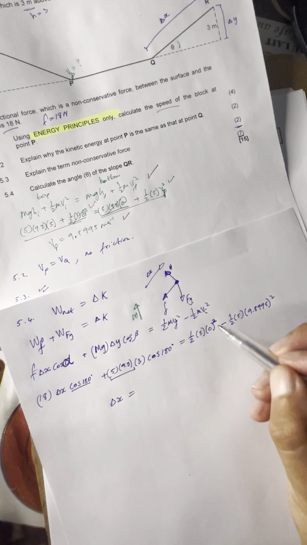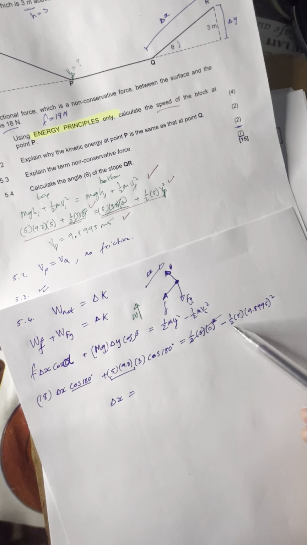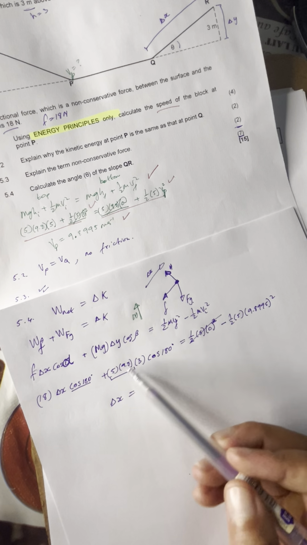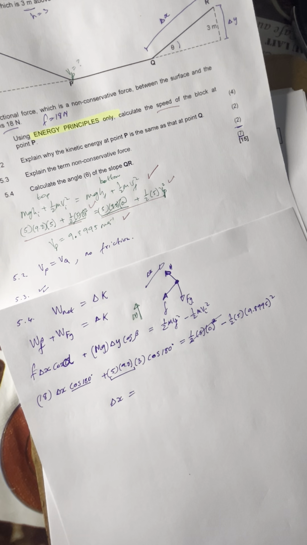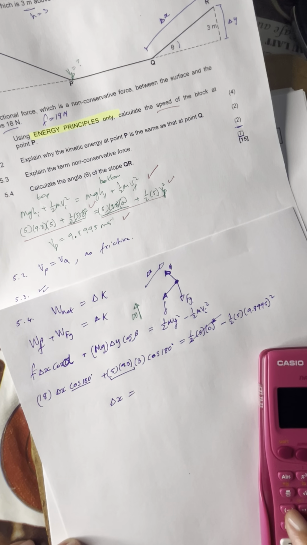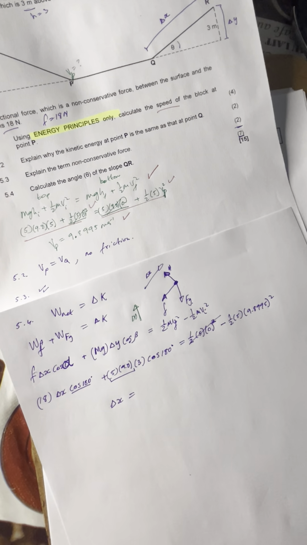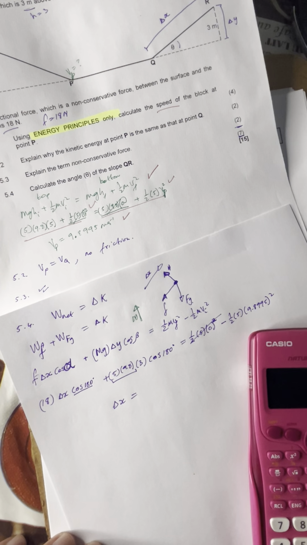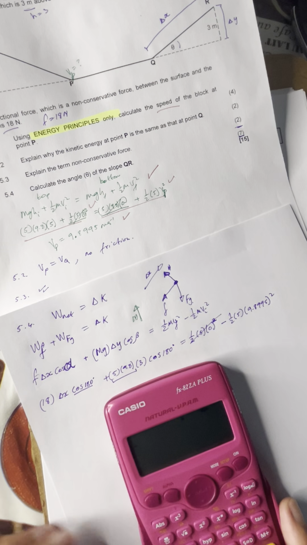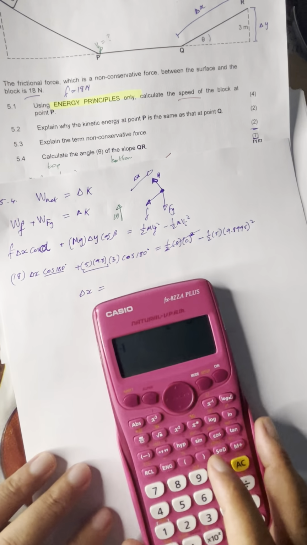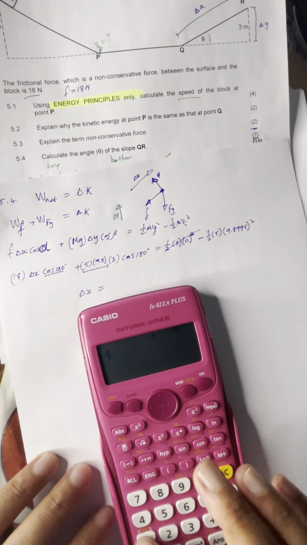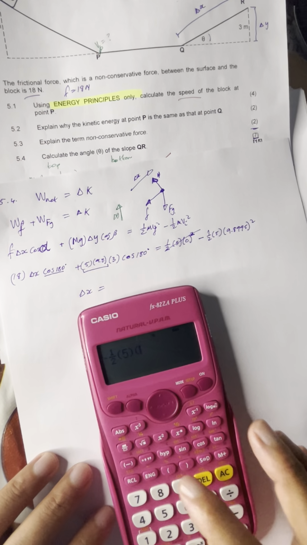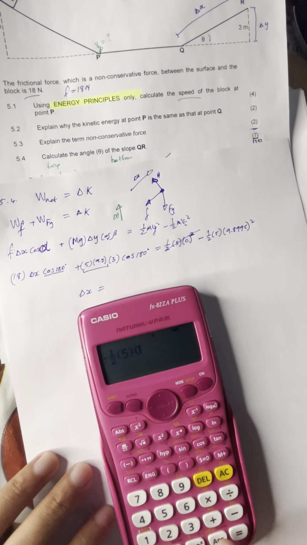So this one is 0. It disappears. It will be this negative value minus this part, which is going to be negative on the other side. So negative 1 over 2, negative 1 over 2 multiplied by 5 multiplied by the previous answer.